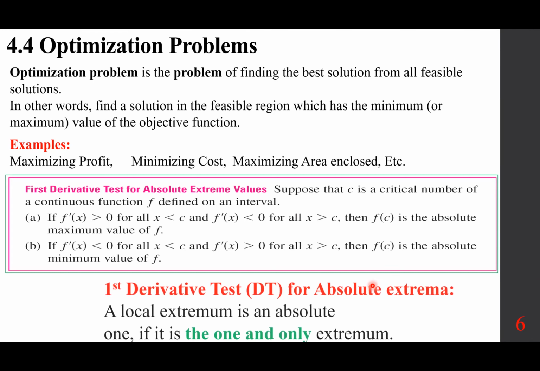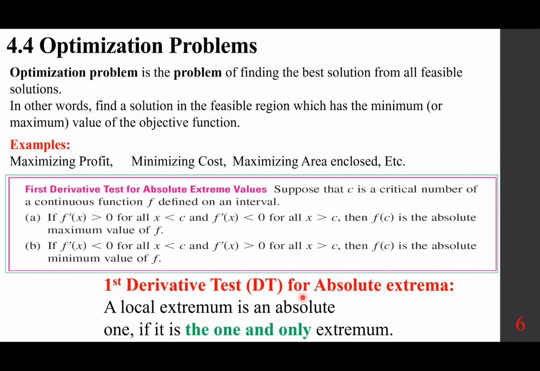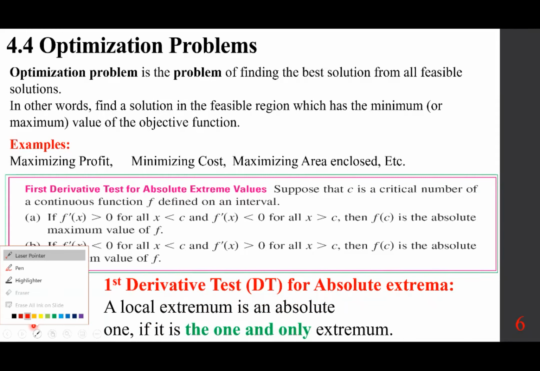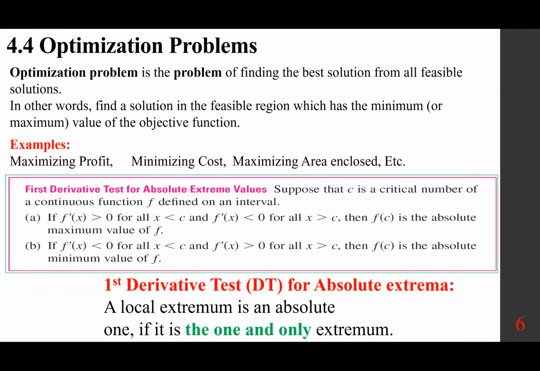So the synopsis: a local extremum is an absolute one if it is the one and only extremum. Normally we deal with an open interval also, because if it's closed, you have to check the endpoints as well.